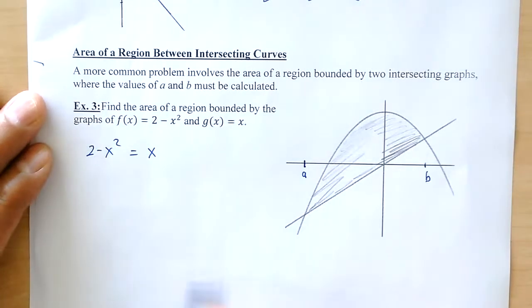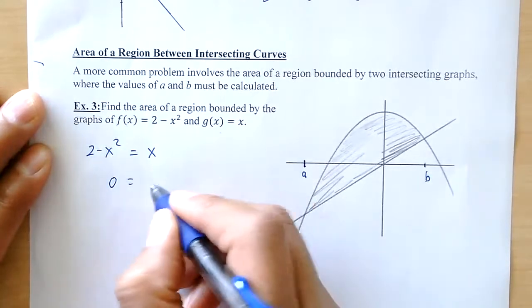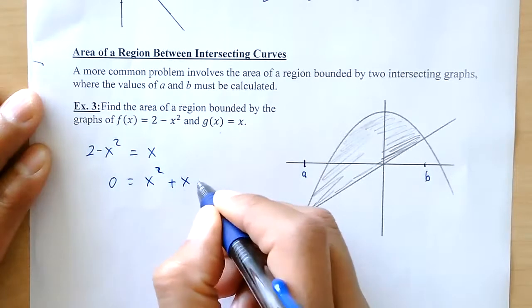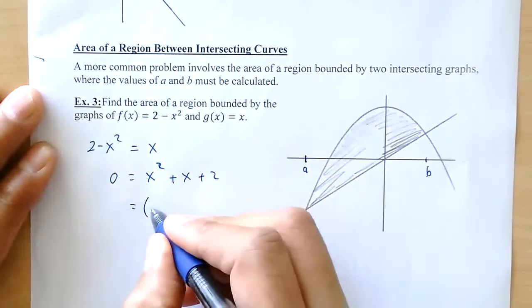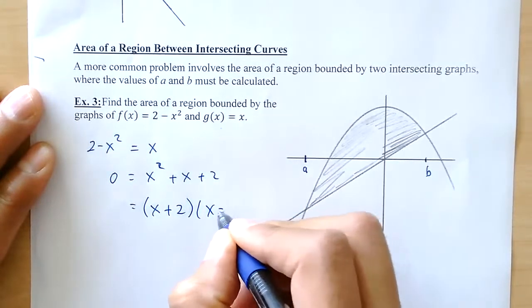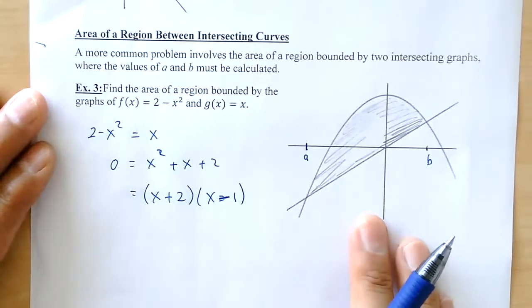So I'm going to set them equal to each other. That equal to that. I'll move everything over to one side, and what we're going to have here is a little bit of algebra, because this should be a nice easy quadratic, x plus 2, x minus 1.